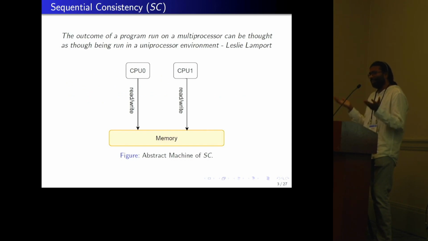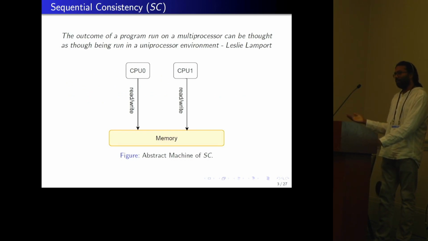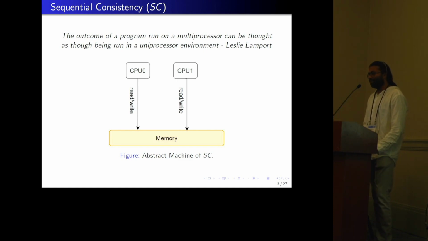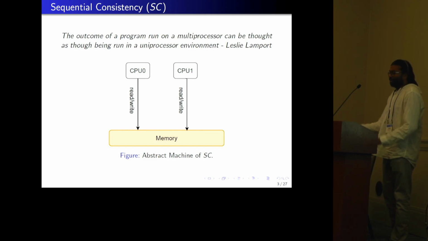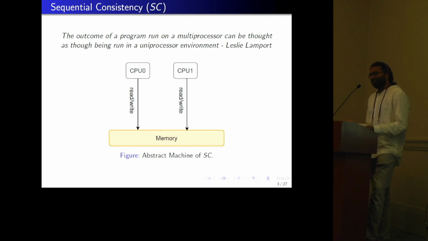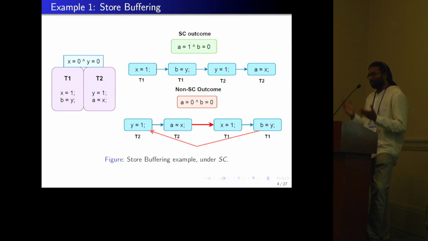So let's start with the simplest memory model, which is sequential interleaving, also known as sequential consistency. You can think of it as each processor reading directly from the main memory itself, so there are no buffers or caches in the middle. Let's take an example with two threads, T1 and T2. X and Y represent shared memory. A and B are local to T1 and T2.